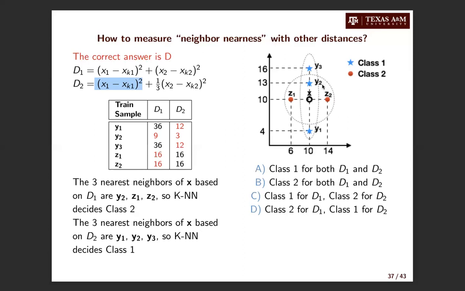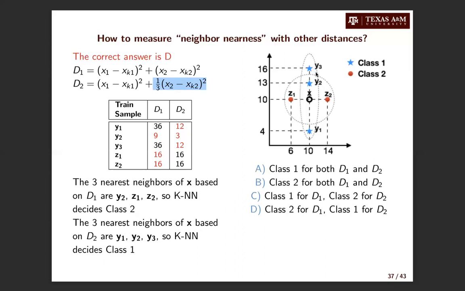Now, if we do the same thing for distance D2, again, distance D2 has the y-axis contribute less to the overall decision. So according to D2, samples Y1, Y2, and Y3 would be closest to X, because instead of using a circle to find the 3 nearest neighbors, we would have to use this ellipse, whose vertical axis is 3 times larger compared to the corresponding horizontal axis.